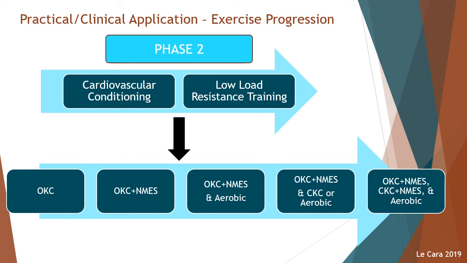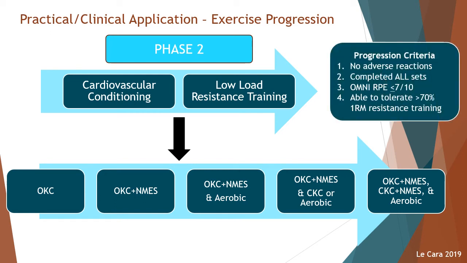And then over subsequent times, given their tolerance to this and able to complete all sets and reps, and their RPE is relatively stable or perhaps even declining, then you can progress accordingly with combining OKC, NMES, closed kinetic chain, and aerobic training in a single session. And then finally doing all components at the end there.